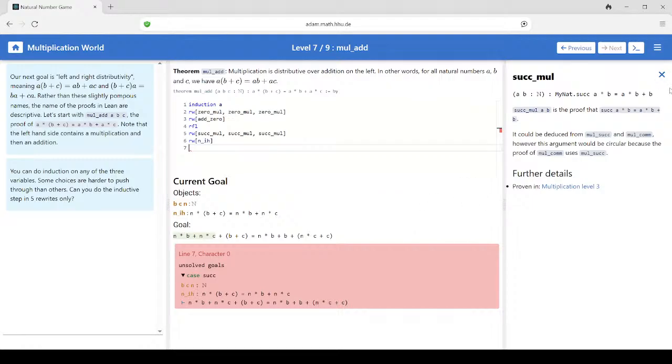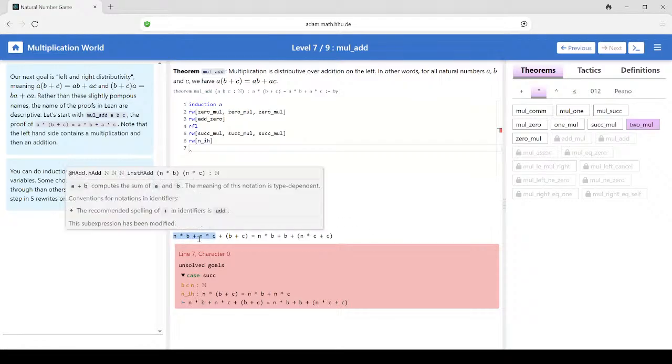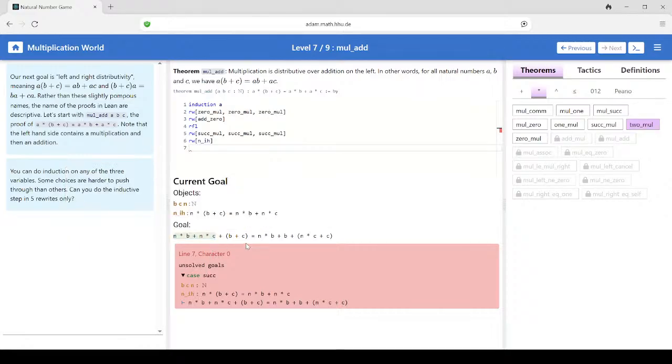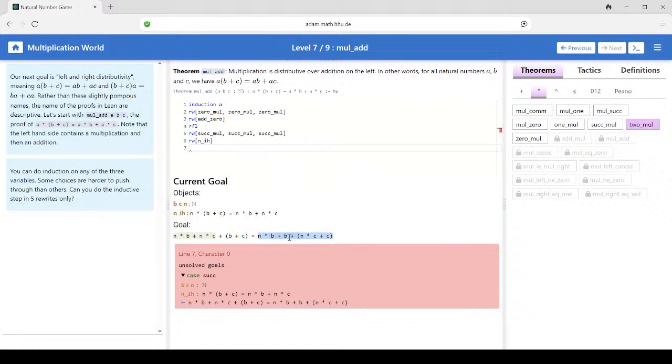Which I assume we can use. Do we need to use commutative? Is it only additions that are needing to be moved around? We have b plus c, we have our b and our c.